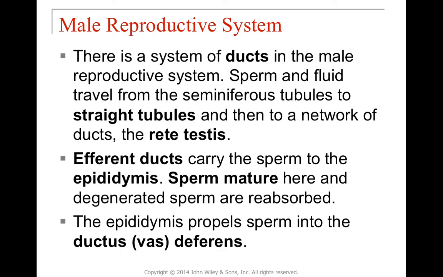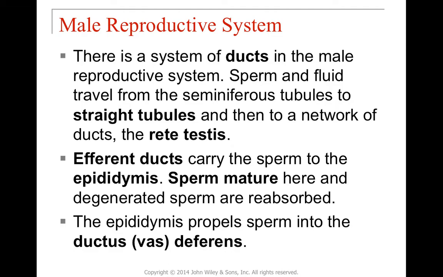So oftentimes when they're doing in vitro fertilization, they want to make sure that they're taking the mature sperm from the very lower sections, the caudal regions of the epididymis. But if sperm don't actually end up having the ejaculatory event, then they're going to end up degenerated and reabsorbed inside the caudal epididymis.